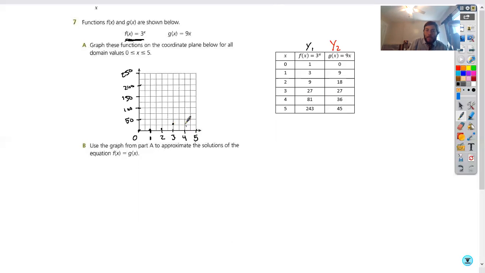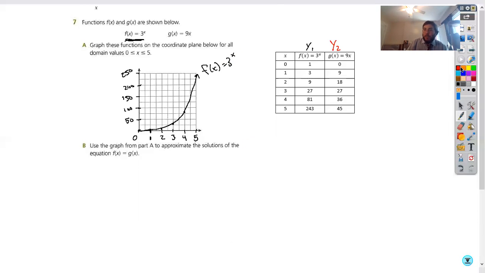At 4, I'm all the way up at 81. So remember, we have 50, 75, then 81 will be a little bit above that. And then at 5, I'm at 243, which is almost all the way up to 250. So we'll put a point up there. Now I'm going to connect these with as smooth a curve as possible to show my exponential function there, and then we'll label it f of x equals 3 to the x.